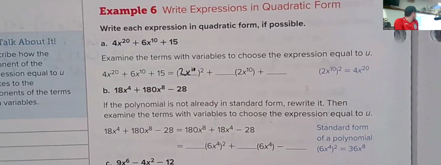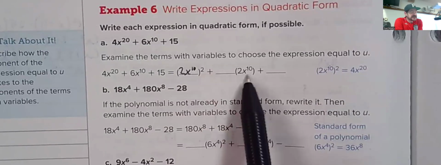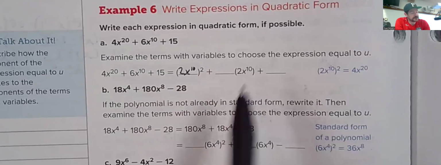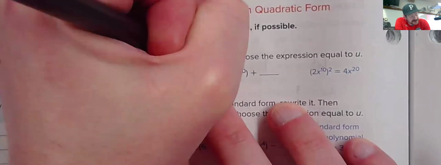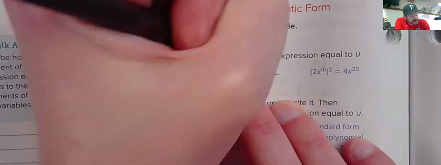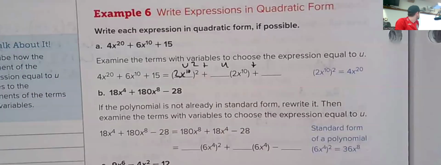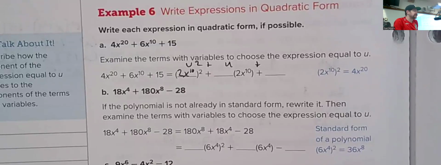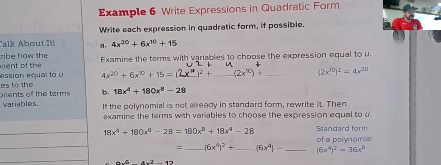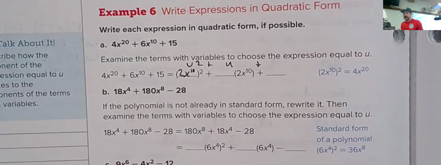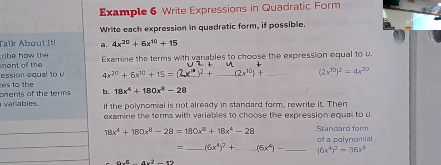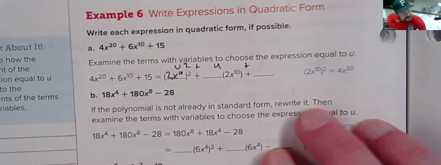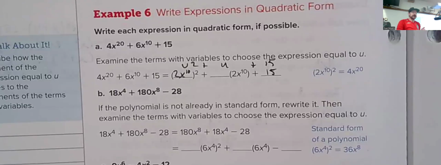Now the middle term, think about this for a second. 2x to the 10th power is our value of u. Basically what we're writing here is u squared plus something times u plus something else. That something else should just be 15, because that's what was at the end of it. So go ahead and write that 15. The 15 doesn't ever take part in the process of what u is equal to.